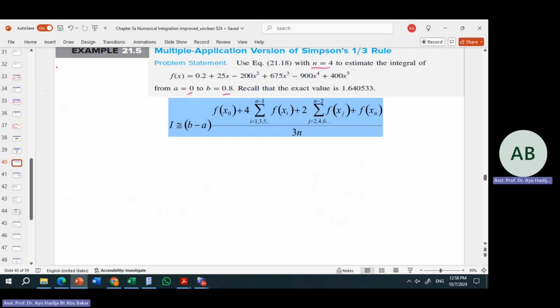So, first step, what do you need to do? Find your h. First step. (b minus a) over n, which is 4. 0.2. Okay, your h is 0.2. Second step is to find your points.